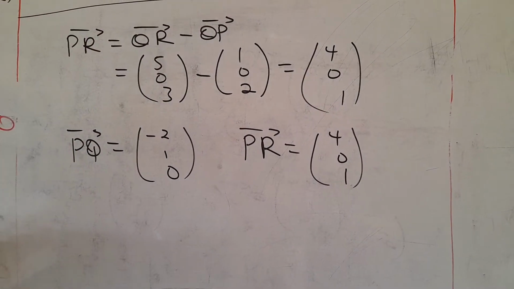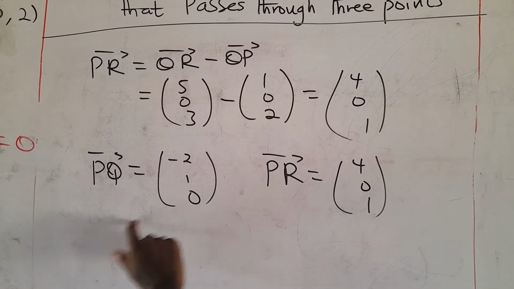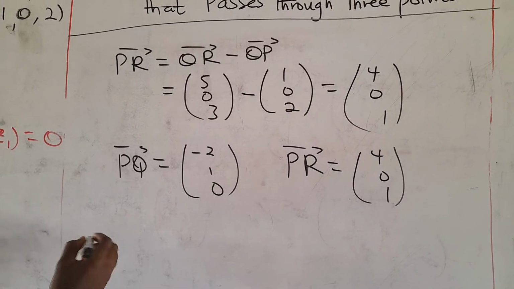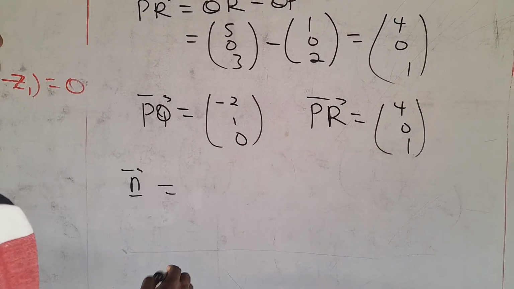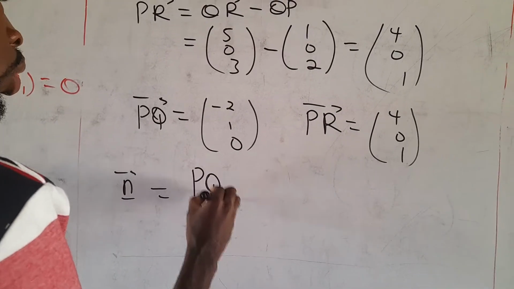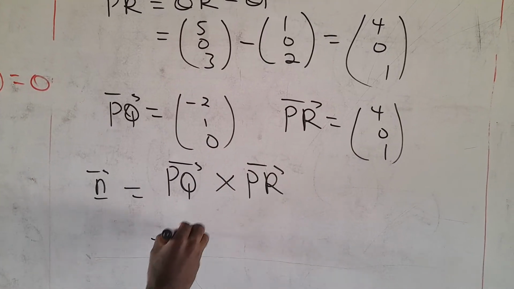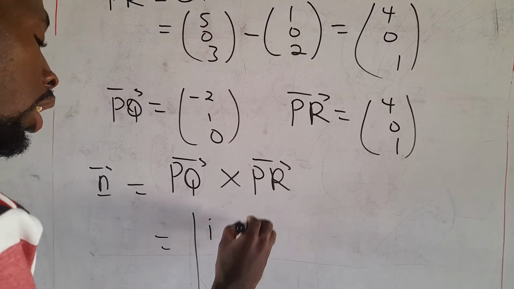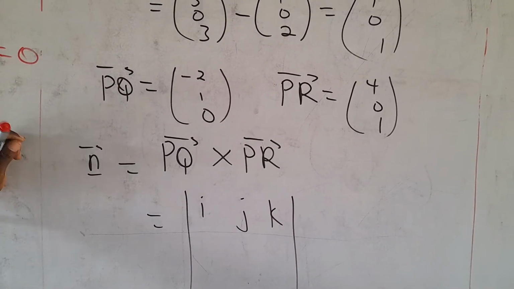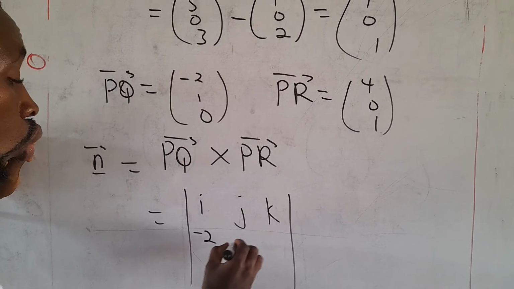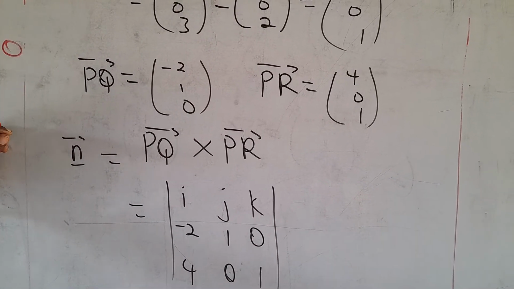find our normal vector. So we said a normal vector is a cross product of the two directional vectors of the points. So the normal vector n will be equal to PQ cross PR. So this will just be the determinant of the 3 by 3 matrix, which is i, j, k, negative 2, 1, 0, then 4, 0, 1.